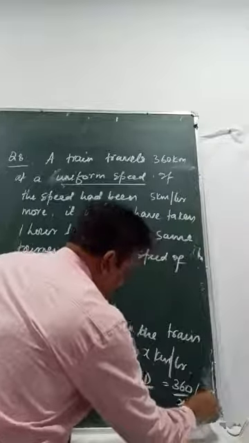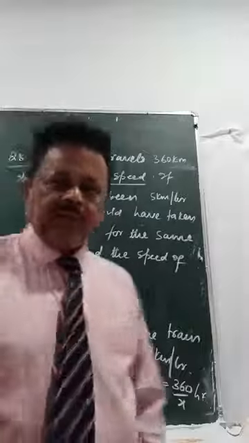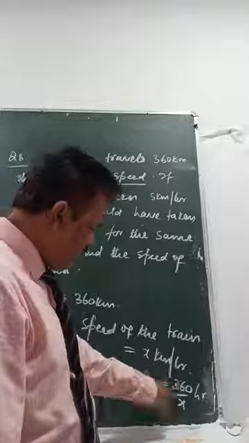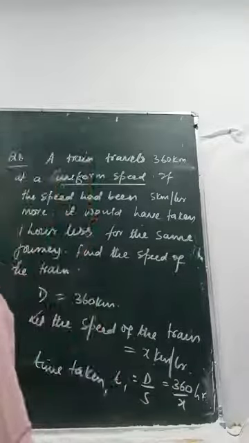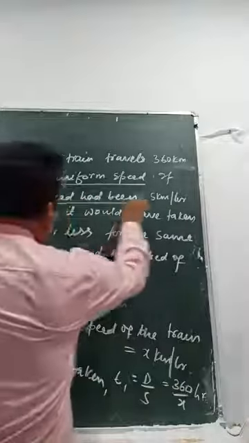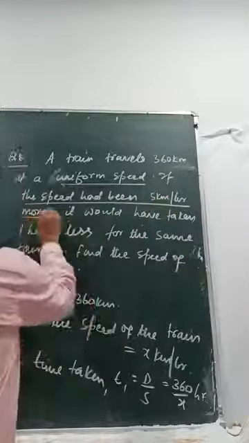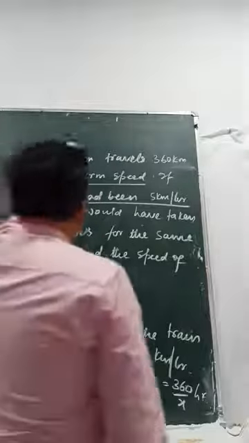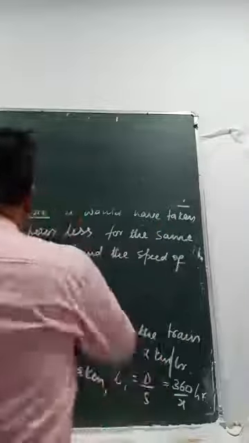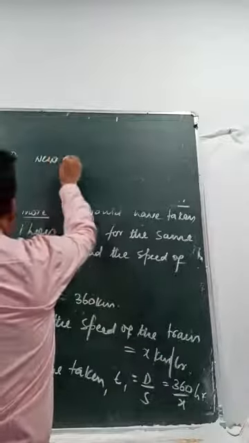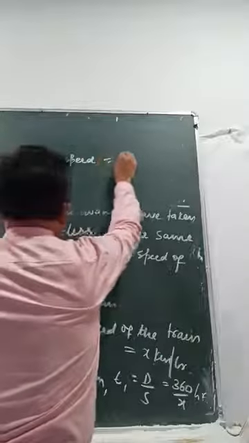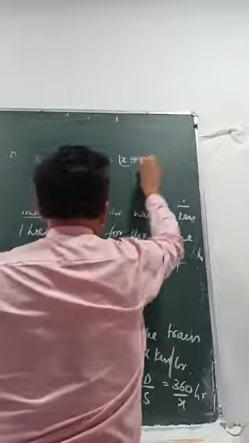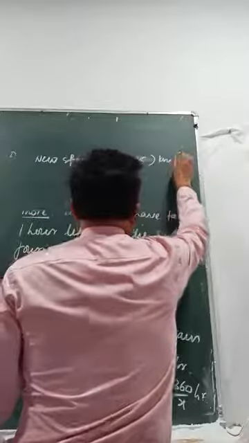That is hour. If it is 360 kilometer, speed is x, then time taken for that is 360 by x hour. Now, if the speed had been 5 kilometer per hour more than x, what is the new speed? New speed is x plus 5 kilometer per hour.